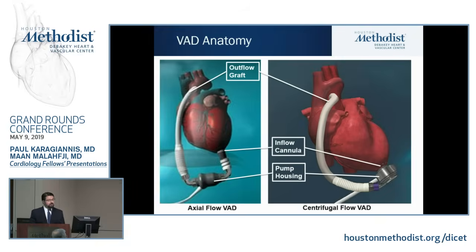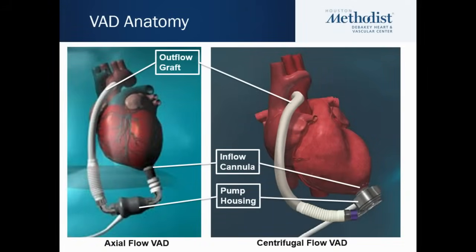Just a quick primer on VAD anatomy. On the left, we see an axial flow VAD. It happens to be HeartMate 2, and the working parts for our discussion here include the inflow cannula that's positioned here at the apex of the heart that draws blood through the pump. The pump imparts kinetic energy to the blood and delivers it into the ascending aorta through the outflow graft. On the right is a centrifugal pump, similar design.